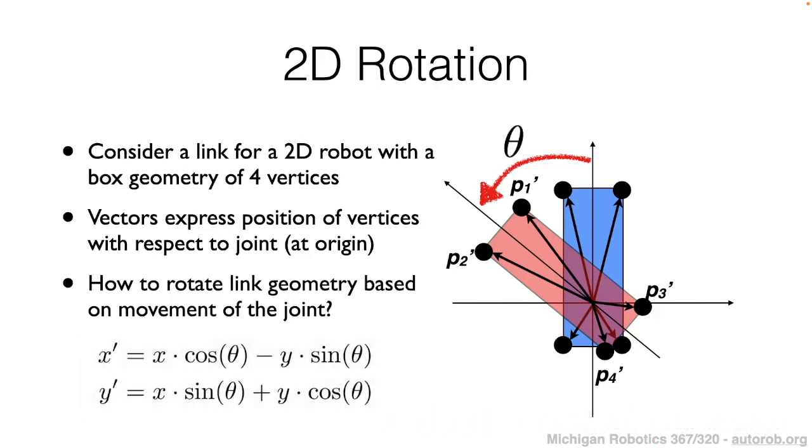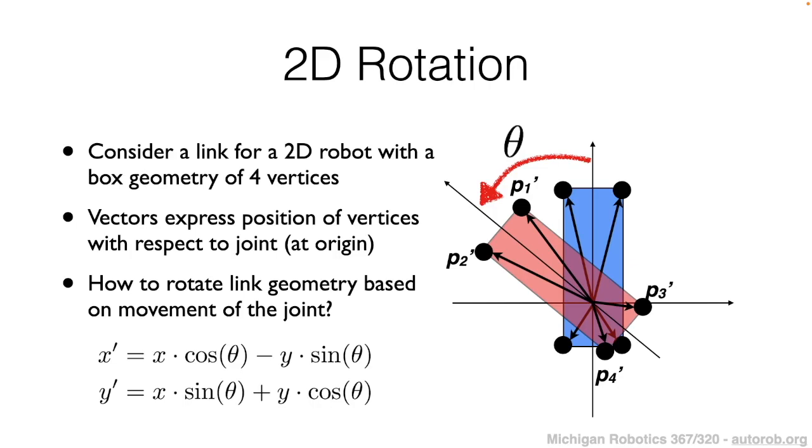So now that you've had a second to think about it, we can look at the answer. By just applying trigonometric functions like cosine and sine, in the case of 2D rotation, we can express in closed form how the points x and y for each vertex would be transformed into x prime, y prime after applying this rotation.